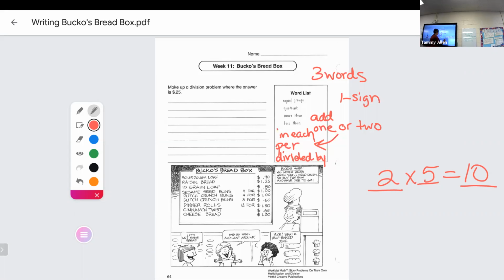We could switch the 10 and the 2 around and say 10 divided by 2 equals 5. So if you can do a multiplication problem, you can do the reverse to make it division. See if that helps you, okay?